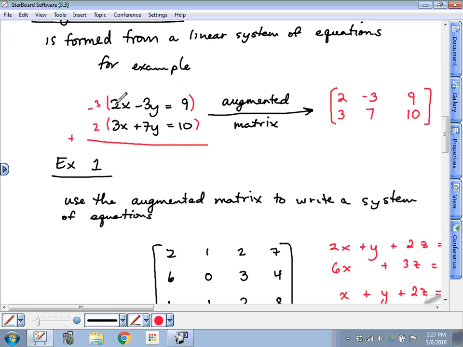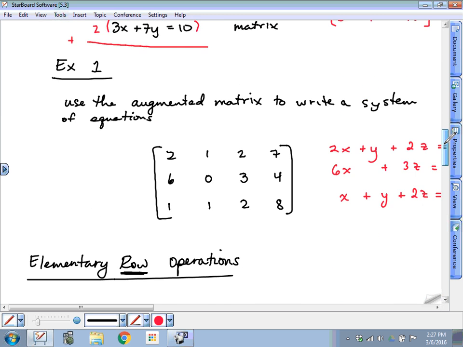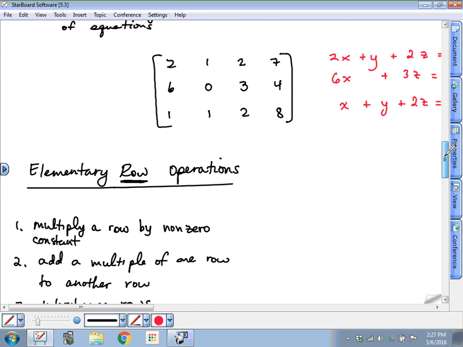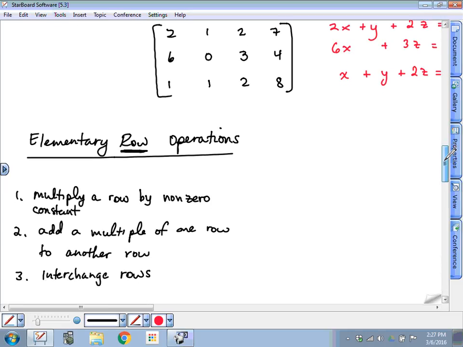So I can multiply an entire equation by a number, and I can also add the equations together. Those are the exact same operations that can be performed on a matrix.